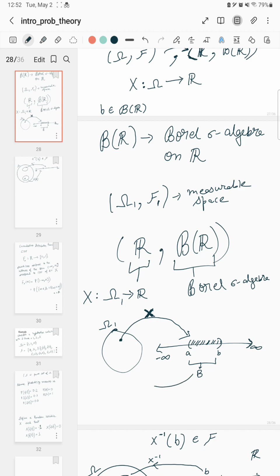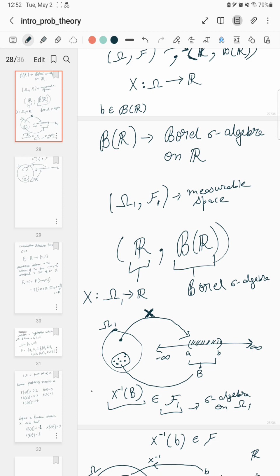So the x inverse of B will have some elements which would satisfy this x inverse of B. They'll form a set in the sample space omega 1, and this set of elements which are present in x inverse of B should be present in F1, where F1 is a sigma algebra on omega 1.